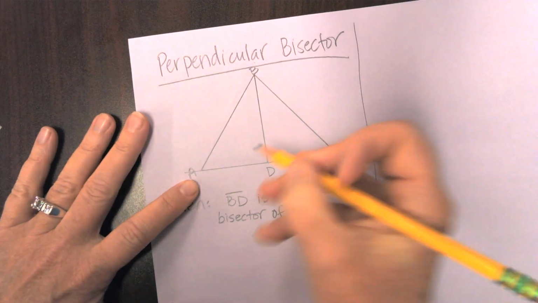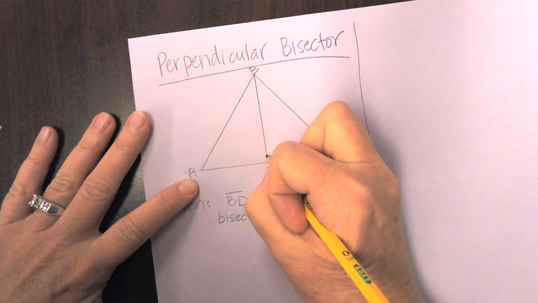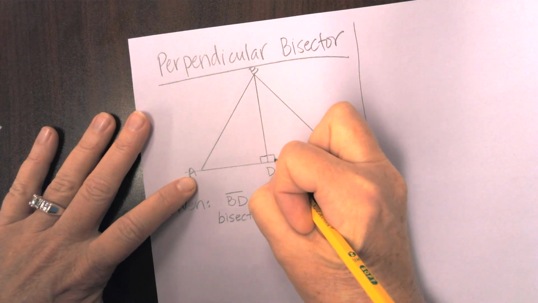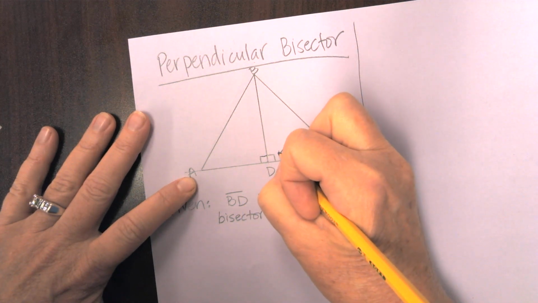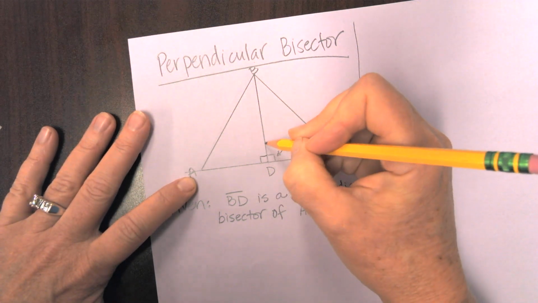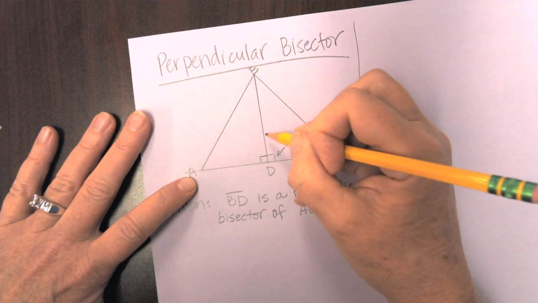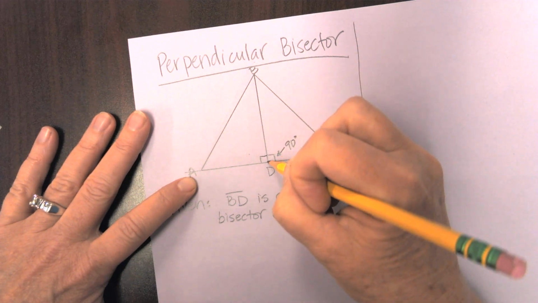Since it is perpendicular, BD creates a perpendicular relationship. In other words, these are now 90 degrees, because perpendicular means it makes a 90-degree angle with whatever it intersects.